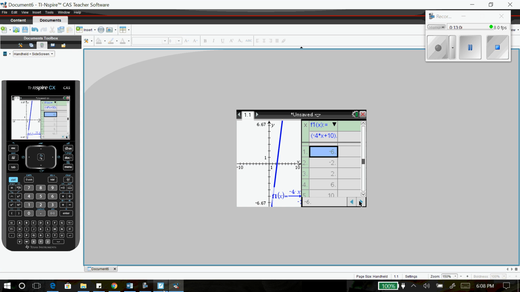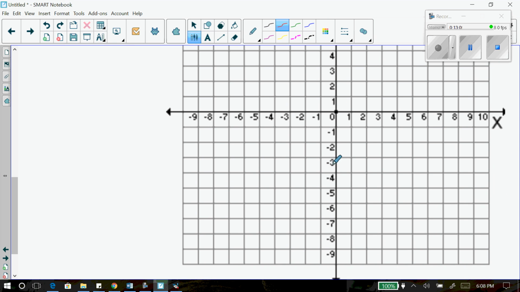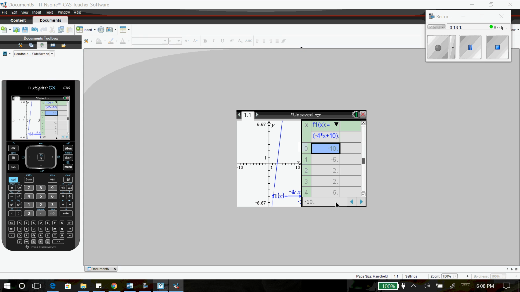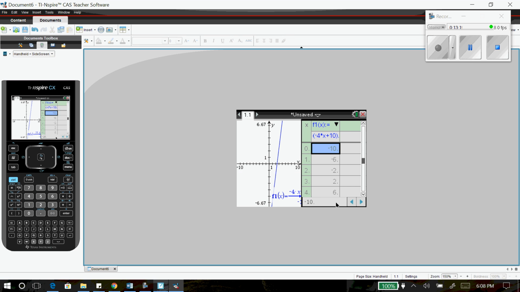So Control T. Looks like I can graph 0, -10. So over 0, down 10, put a dot. Looks like I can graph 1, -6. So over 1, down 6. Looks like I can graph, whoops, 2, -2.